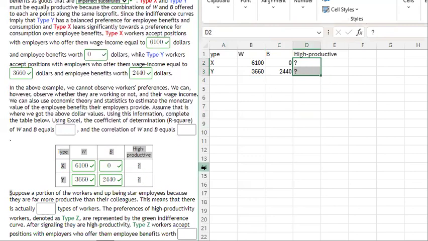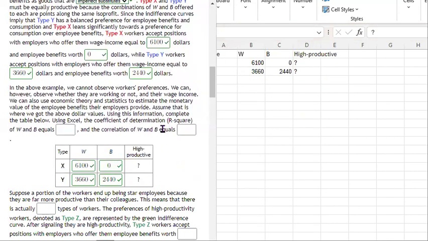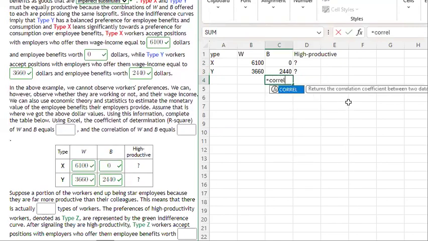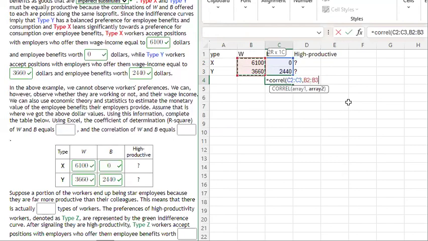It wants me to calculate the coefficient of determination, R square, between W and B, and the correlation of W and B. To calculate the correlation of W and B, all we have to do is type equal CORREL. And then I can grab those two numbers and then hit a comma. That's the variable B. Now I want to get the variable W, and then I can hit parentheses and hit enter.